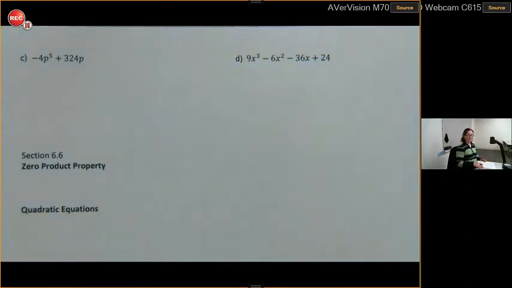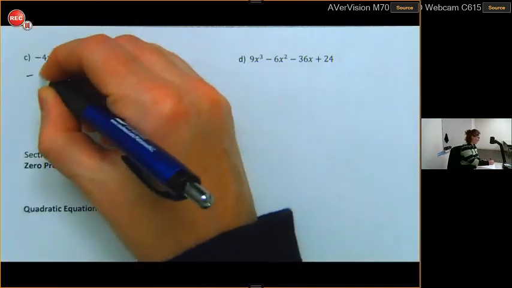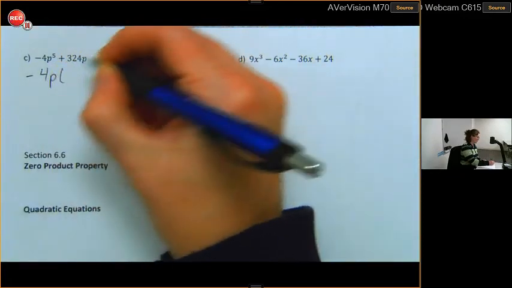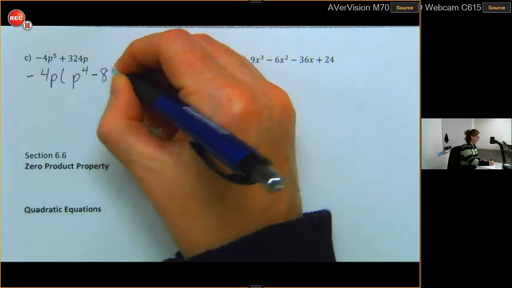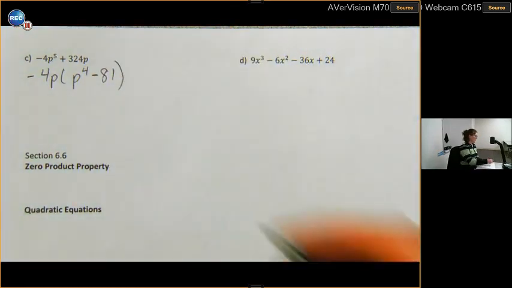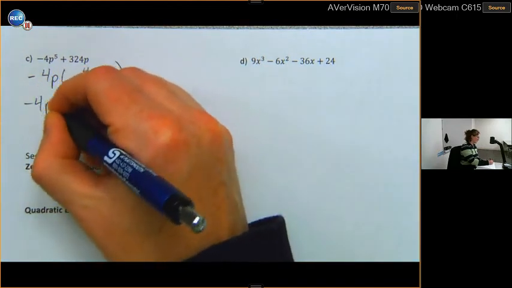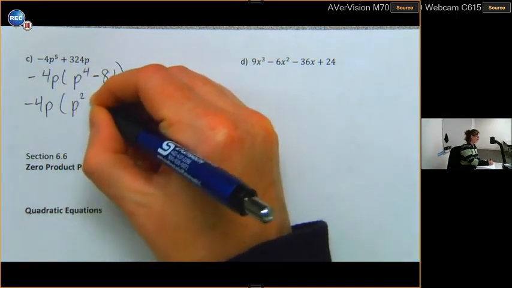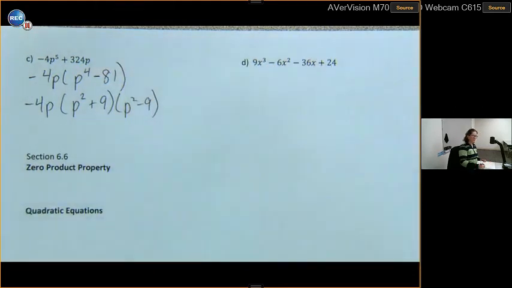Letter C, another binomial. I have a GCF, so I'm going to go with a -4p, and then get p to the 4th minus 81. And now I have a squares pattern. But wait, I'm not done yet.